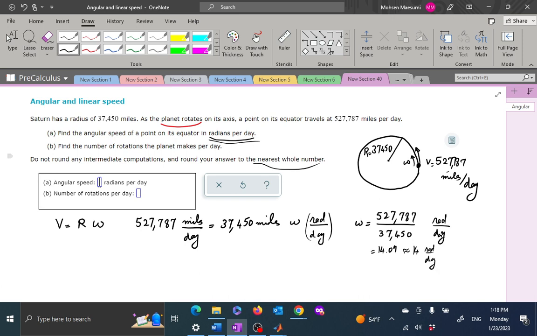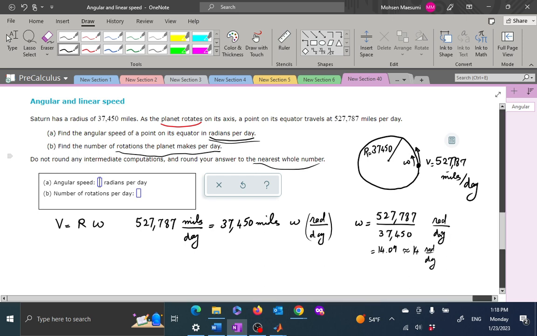Next, it's asking us the number of rotations the planet makes per day. Again, remember, this is our day. Of course, with respect to its own day, it just makes one rotation per day. That's not what the question is. The question is, in 24 hours of Earth day, how many times does this planet Saturn turn around its own axis?